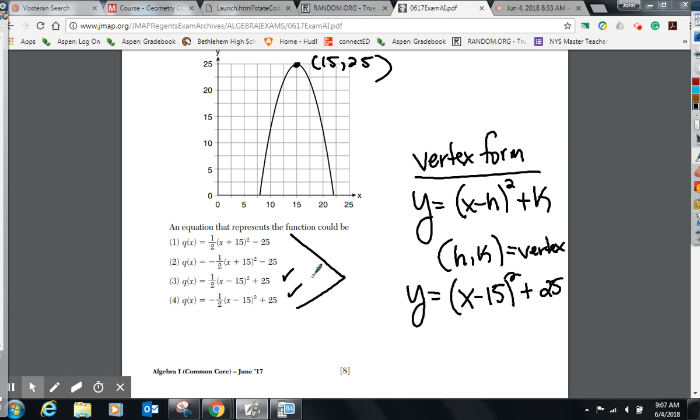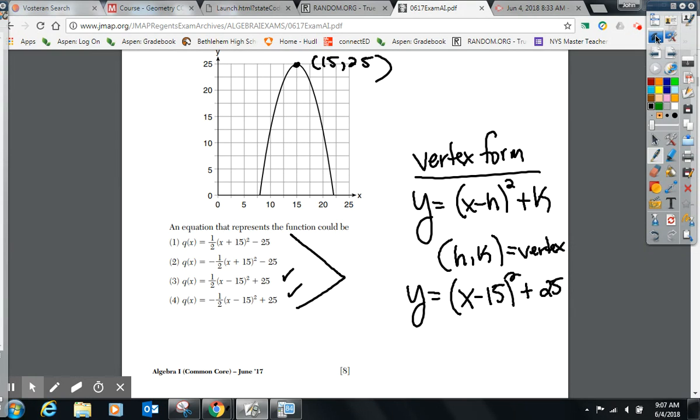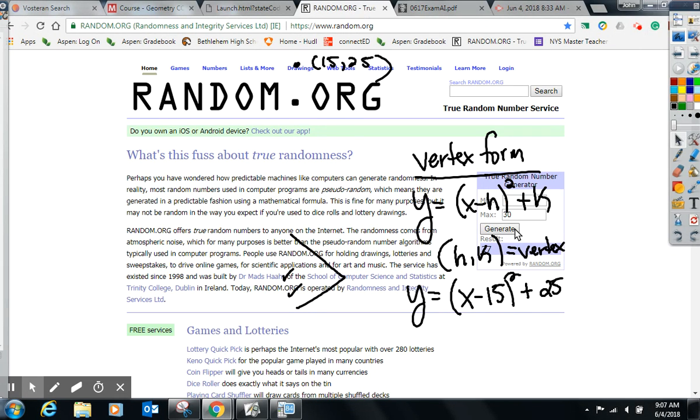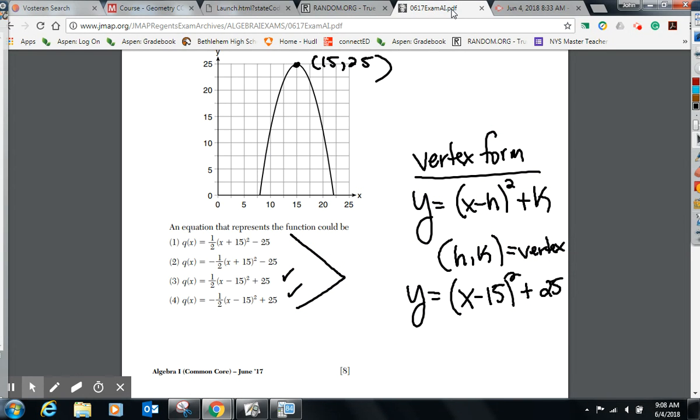The difference is they have a 1/2 in front and a negative 1/2 in front. How do I know which one to pick? The one with the 1/2 or the one with the negative 1/2? Because it does matter. Which one to pick and why?